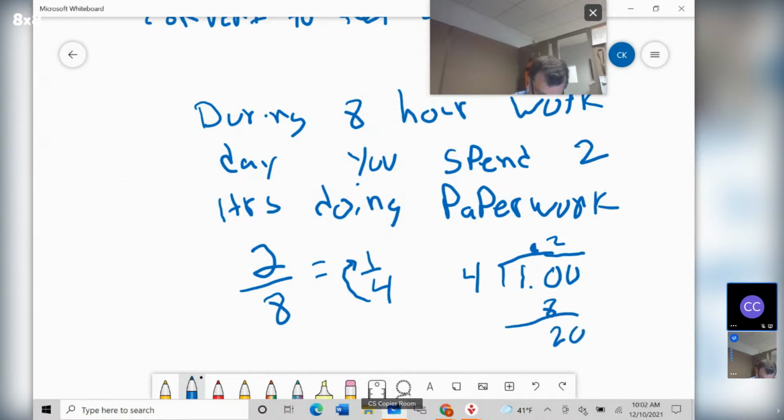We bring this 0 down, and 4 goes into 20 5 times. So what you could say is we spend about 0.25, or 25%, of our time doing paperwork.